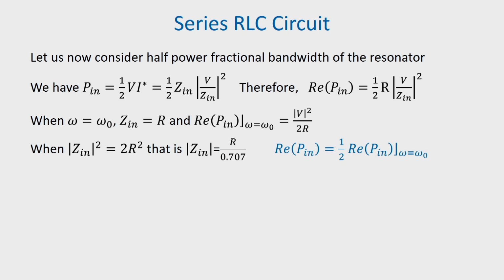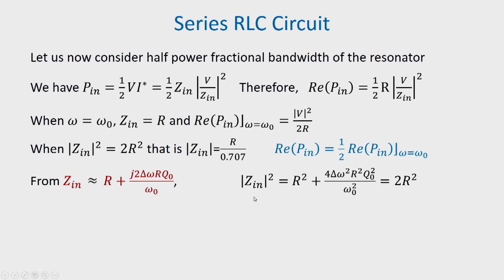And if you remember, we marked a line where mod Z in becomes equal to R by 0.707, that means root 2 R. So, mod Z in square at those frequencies becomes 2 R square, and when mod Z in square becomes equal to 2 R square, the real part of P in becomes half of real part of P in at omega equal to omega naught.